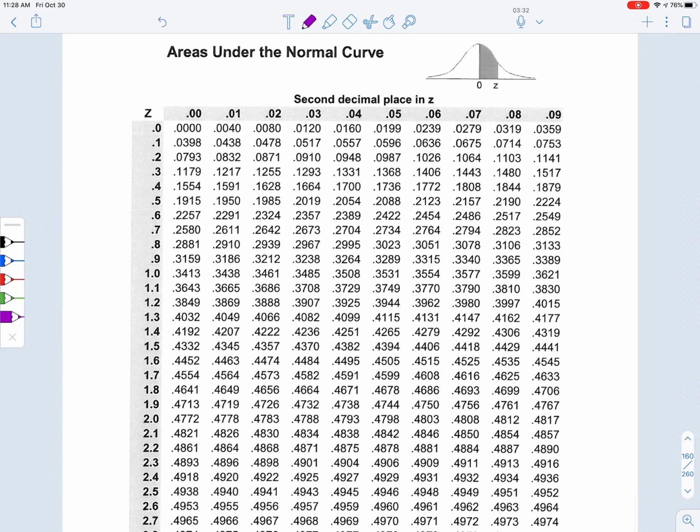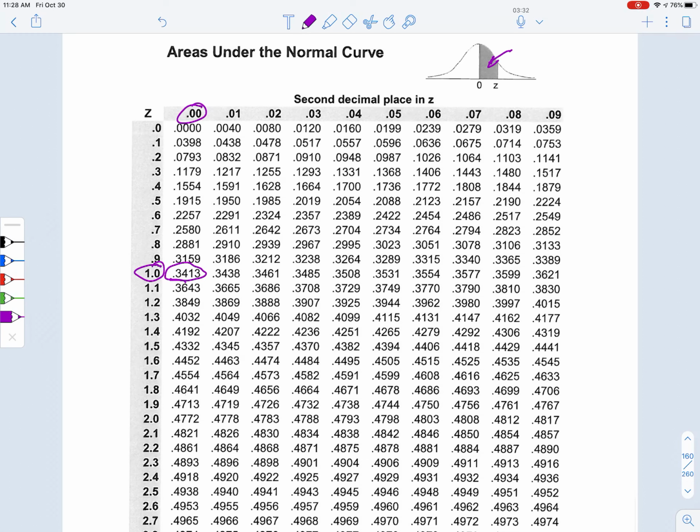If you go down here, you'll see, for instance, 1.0. And 1.00 is exactly 1 standard deviation above the mean. That 0.3413 is the 34%. Take a look at the upper right here.